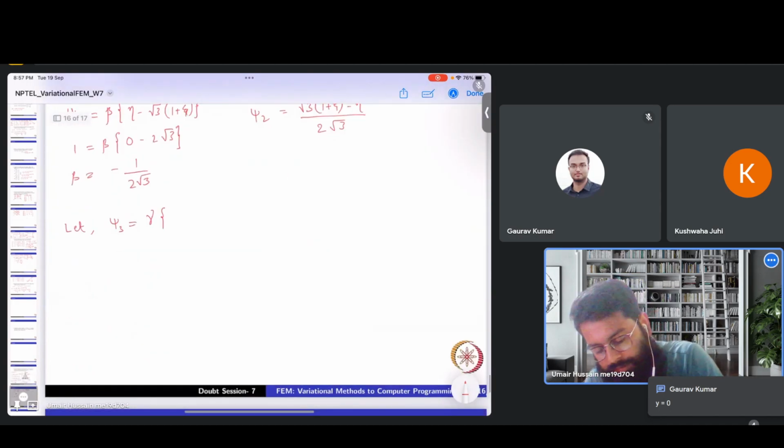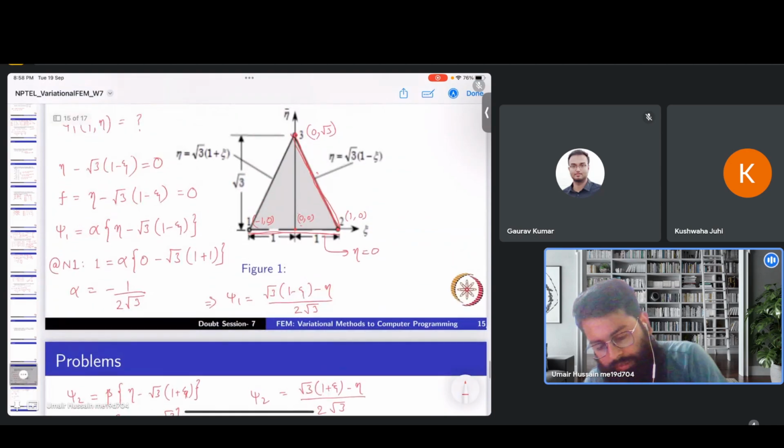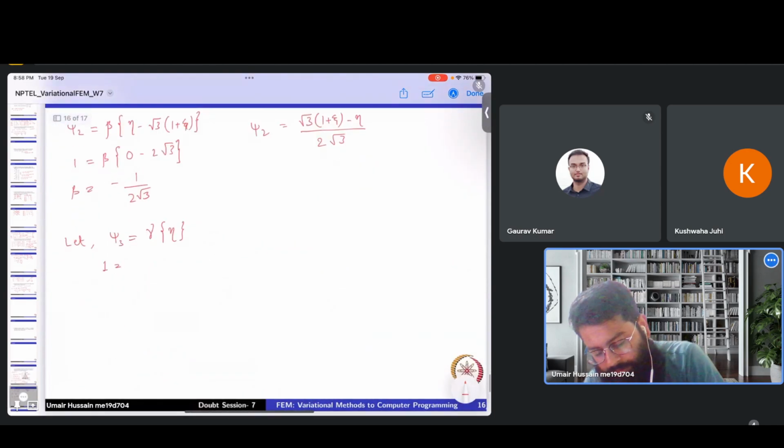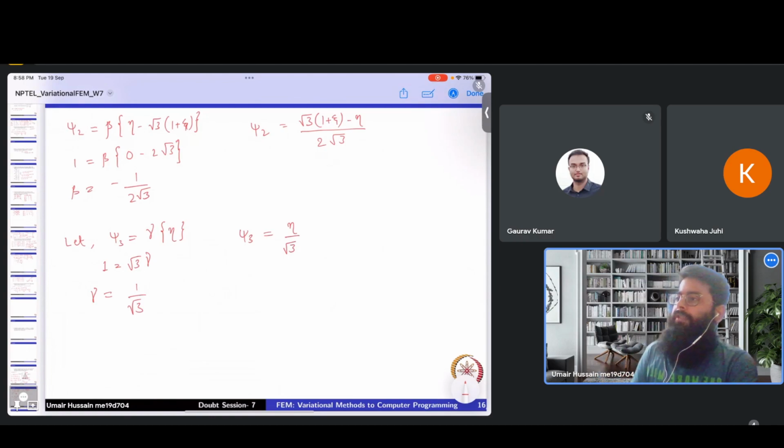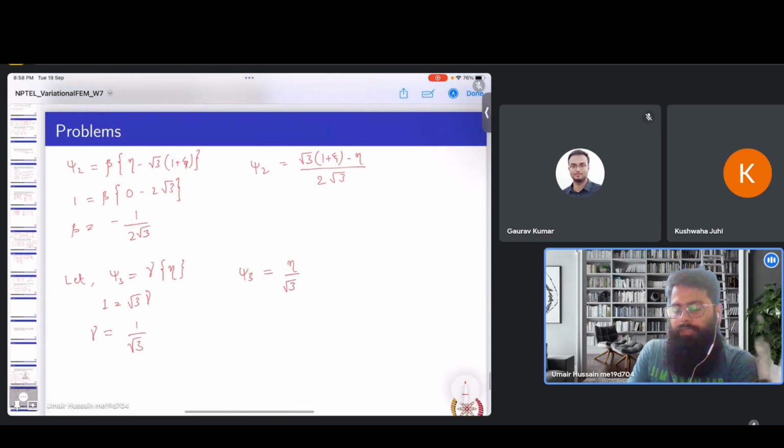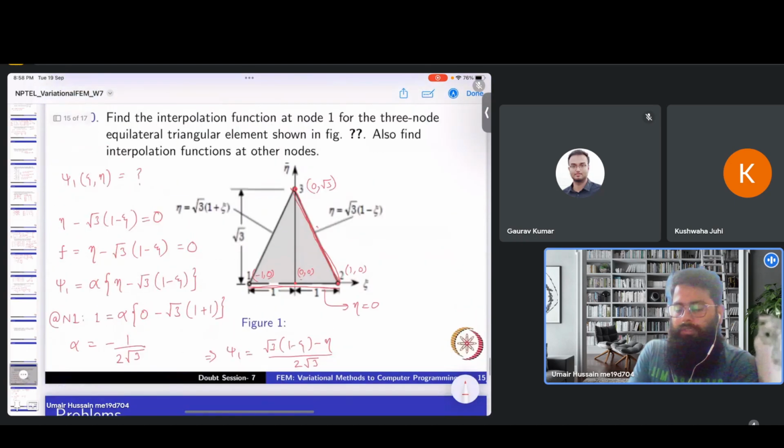So you have psi 3 as gamma into eta. Substitute node 3, we have 1 equals, here your eta is root 3, gamma times root 3. So gamma equals 1 by root 3. Your psi 3 is equal to eta by root 3. Great. So these are the three approximation functions for this triangle here.